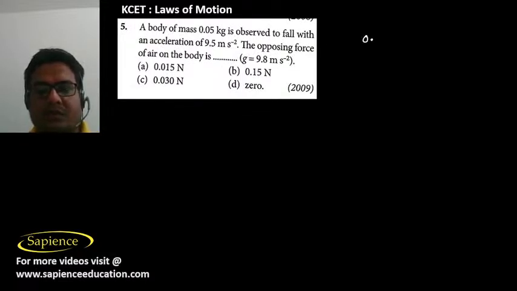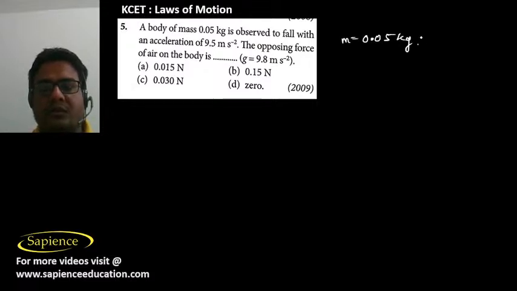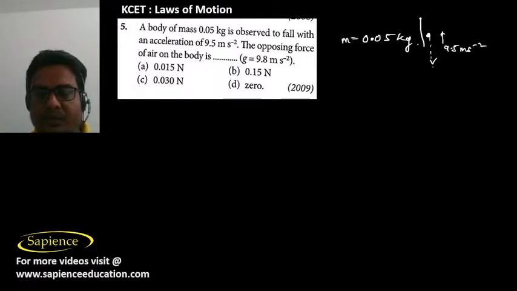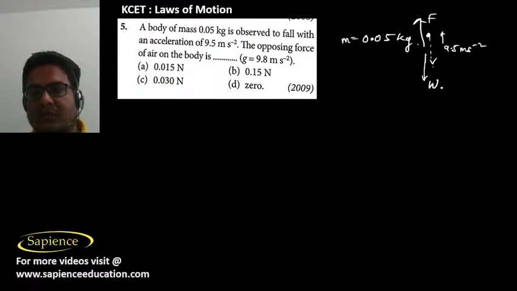a body of mass 0.05 kg is observed to fall down with an acceleration of 9.5 meter per second square. So the opposing force of air on the body is, so there is an opposing force F, and the downward force is the weight, which is the gravitational force.